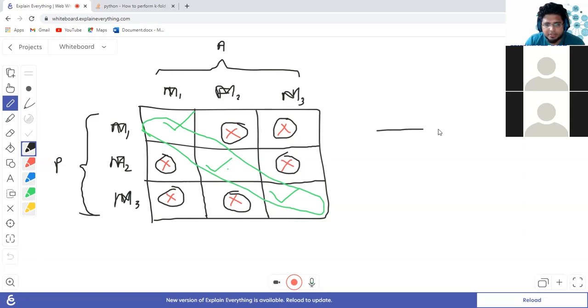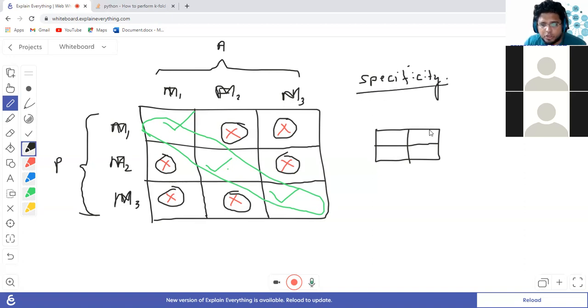There are some other concepts related to the confusion matrix, like specificity and others, so I'll discuss that. I'll wind up the class now because I am very hungry.